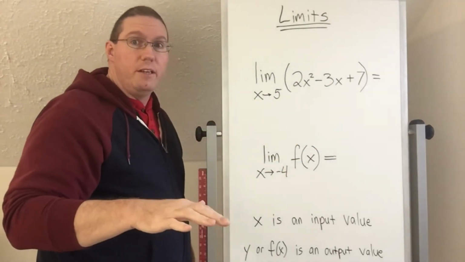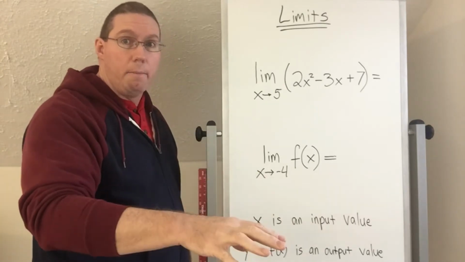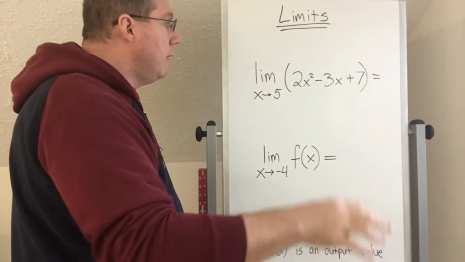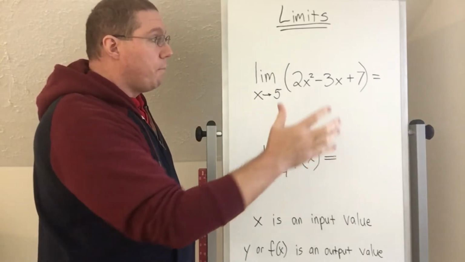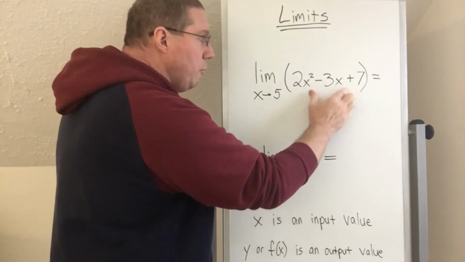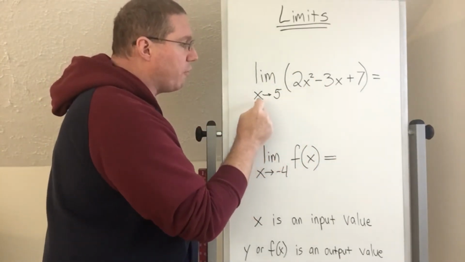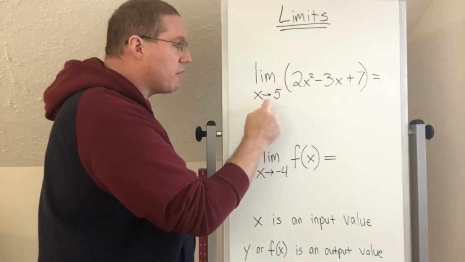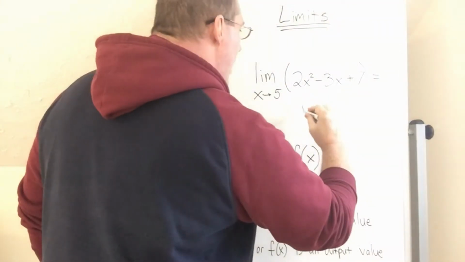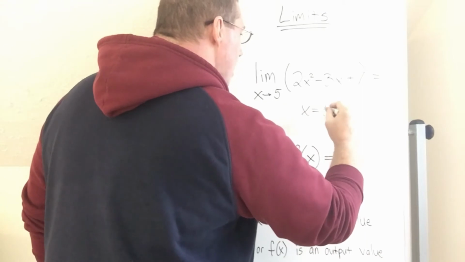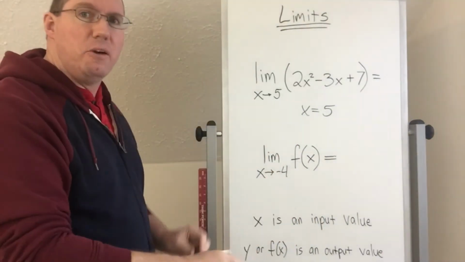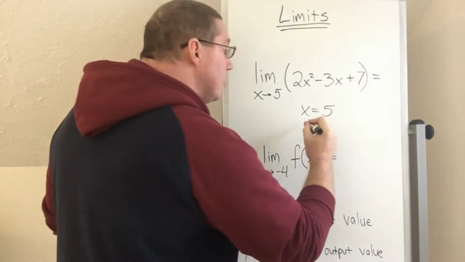Very similar to what you've been dealing with so far with inputs and outputs, but instead of dealing with the actual value of the output, and instead of saying x is equal to 5, see, in a pre-calculus class, you would say, well, when x is equal to 5, well, we're going to change this now.